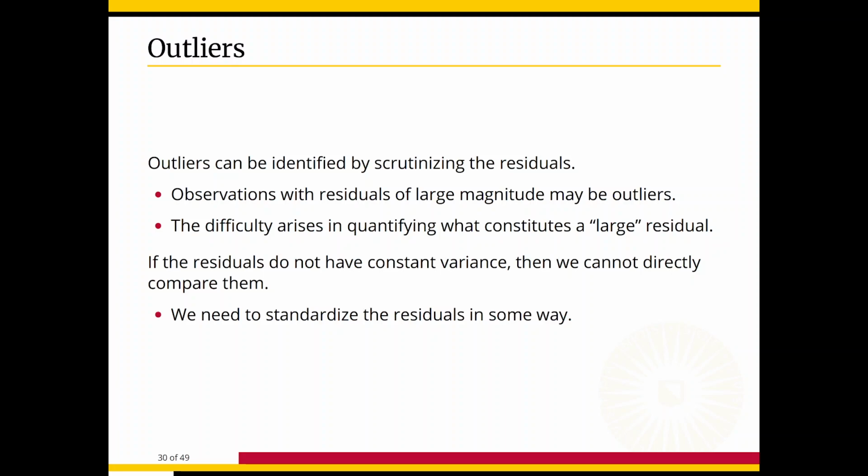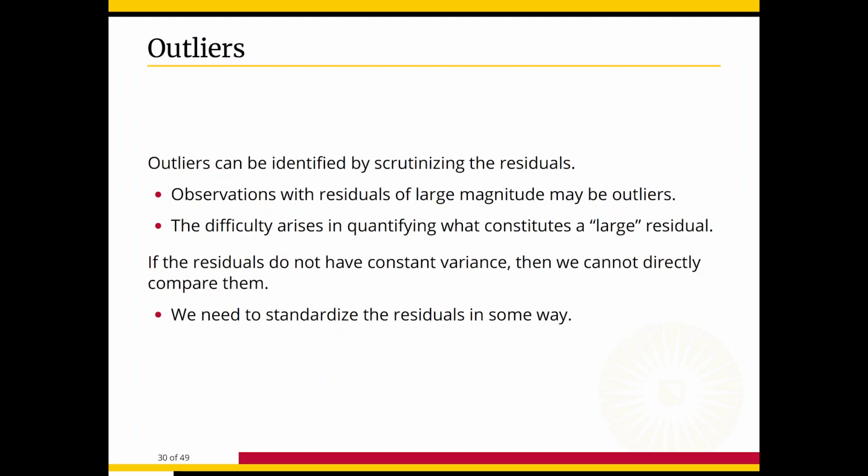So identifying outliers is pretty straightforward, because we just want to find values that are really large after we've accounted for the model. So we do that by looking for large residuals. So residuals quantify the distribution of Y after we've accounted for our model. And if there's any really extreme residuals, those cases are potential outliers.